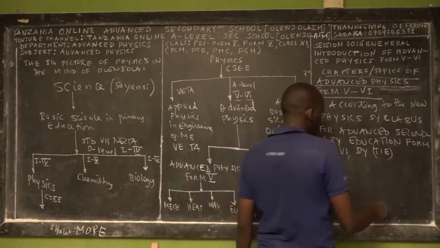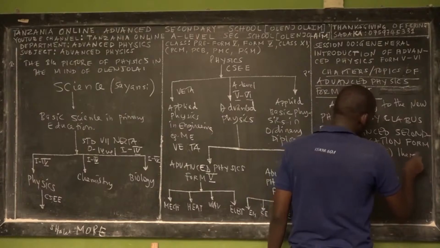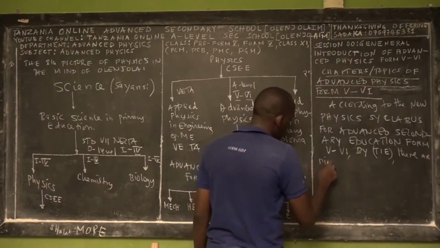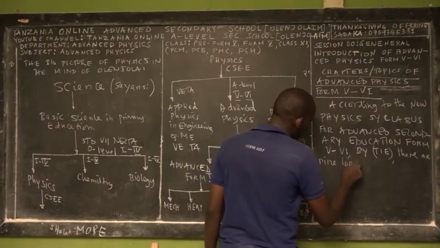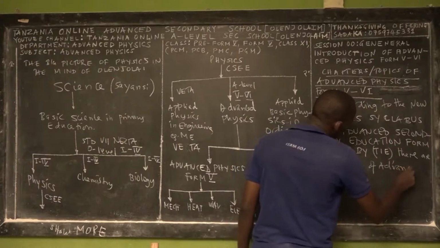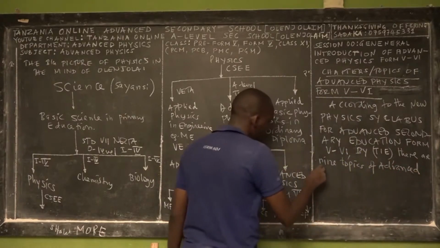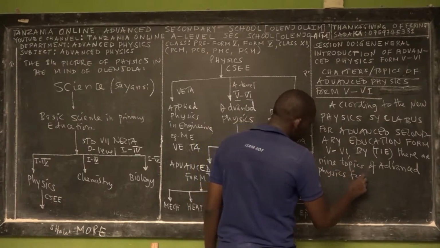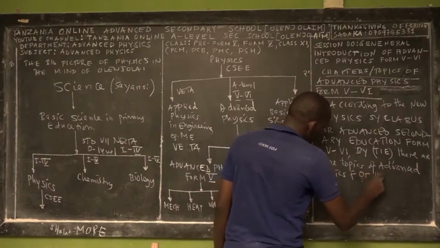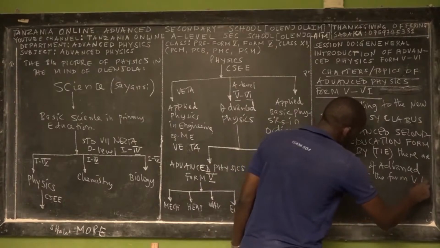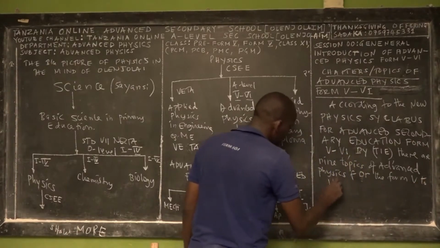It says that there are 9 topics of advanced physics for Form 5 to Form 6.